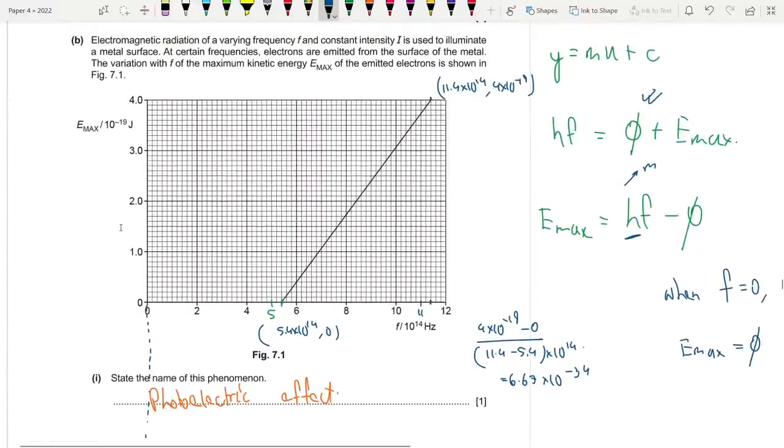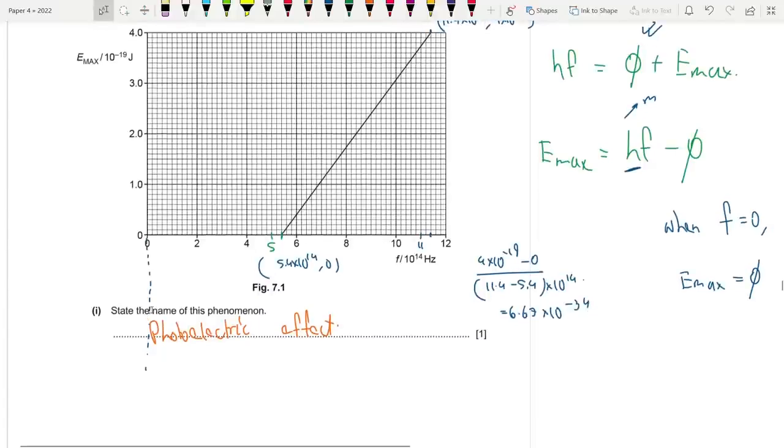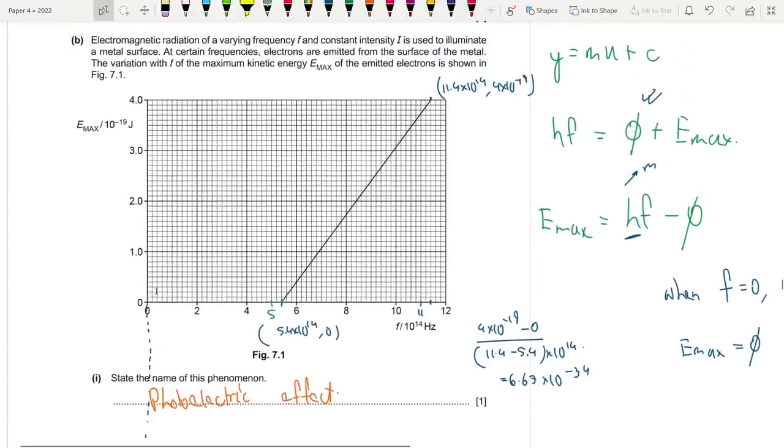So we need to extrapolate that to find the y-intercept. Or since you know the gradient, you could find it out using any point.